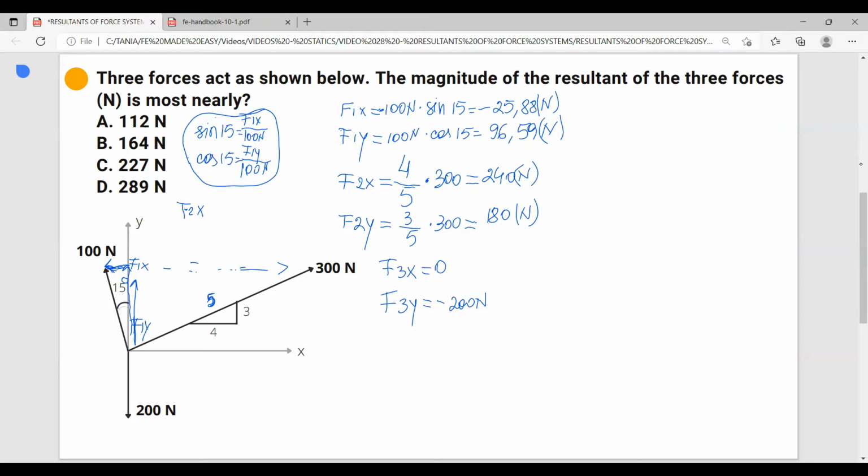So what we're going to do next, in order to calculate the resultant, we're going to calculate the sum of the x components.